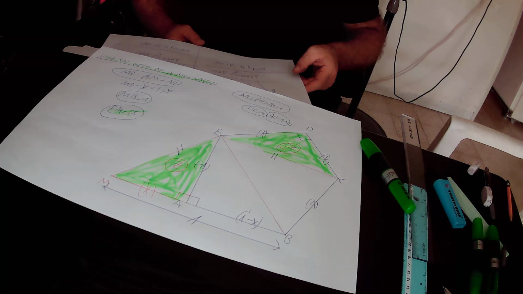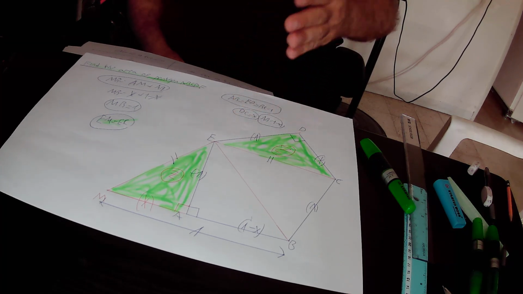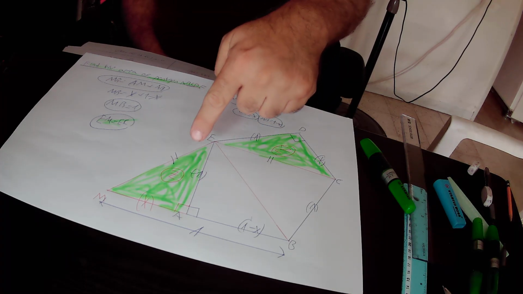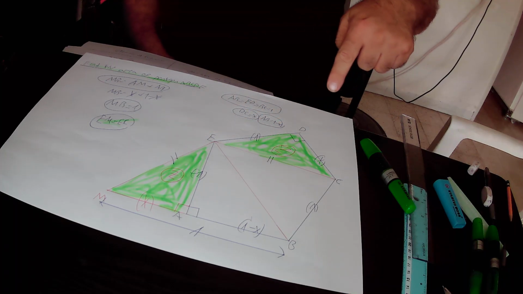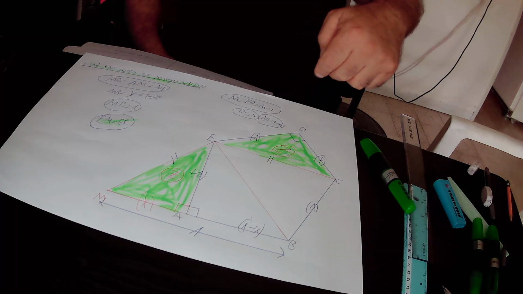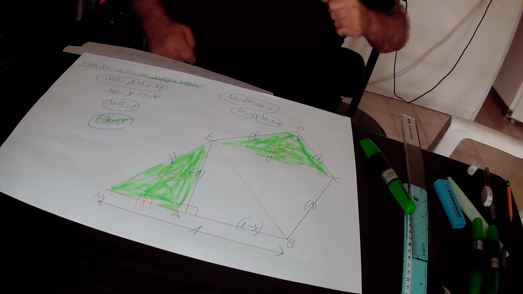So if we define the area of triangle EMA as Z square units in size, then the area of triangle EDC must also be equal to Z square units, because they have the same areas.